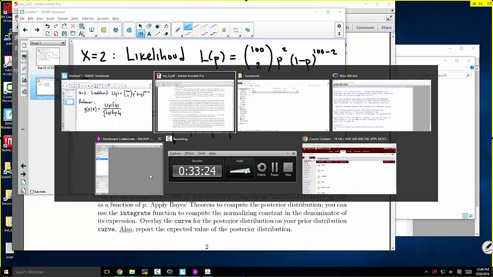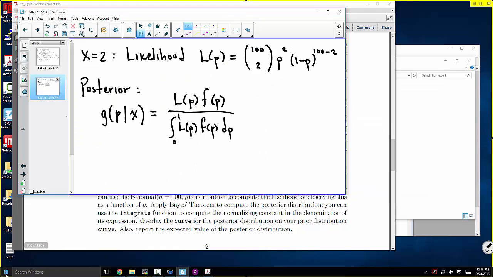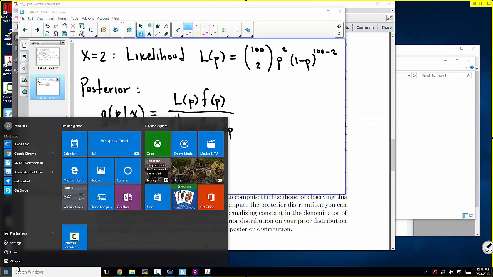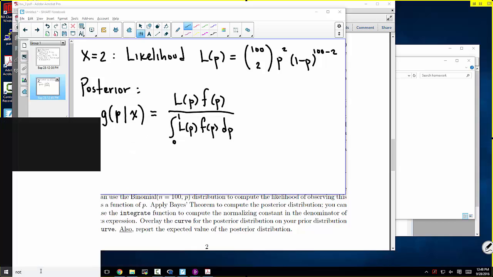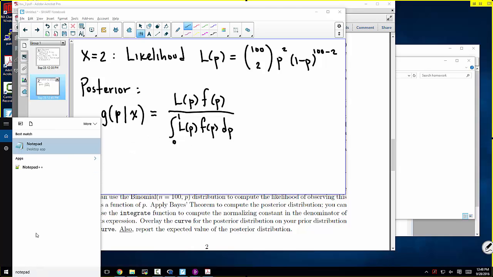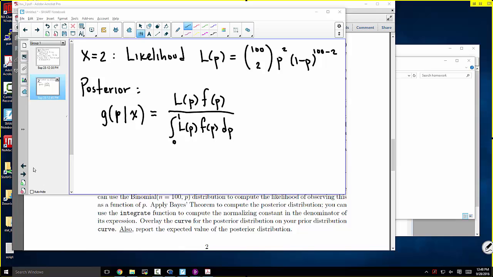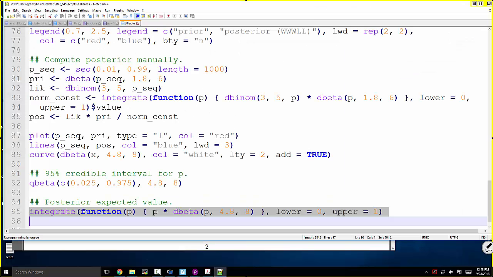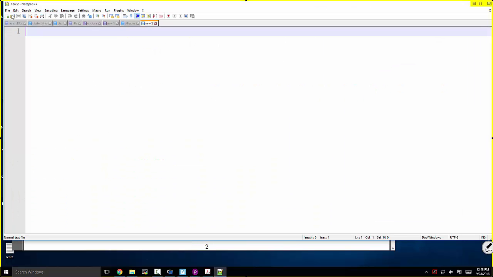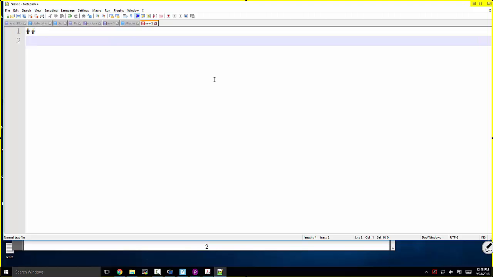Let me go get a text editor and write some stuff down. Okay, so clinical trial from homework 2.